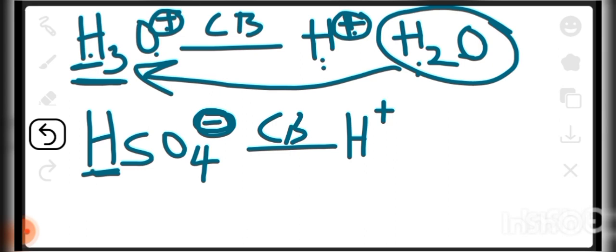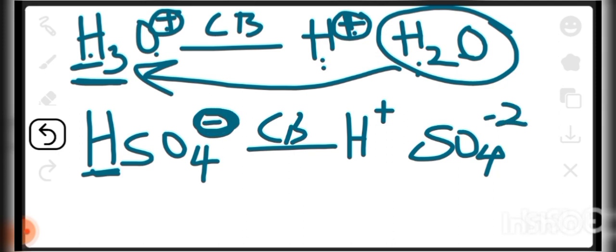So remove one hydrogen, already we have SO4. So this minus another one again will give us minus 2. So when you are removing hydrogen, you'll be subtracting 1 from this place. But if you discover that this one is having plus, if you remove 1 from plus 1, it will be neutral.